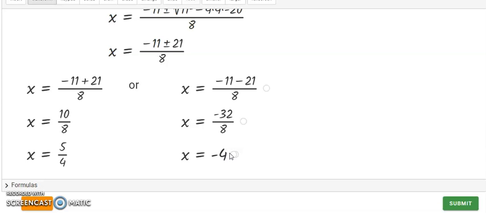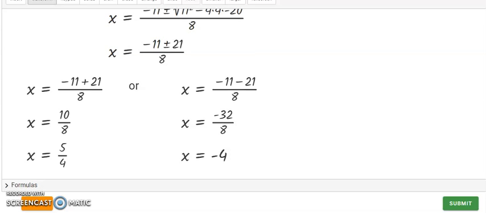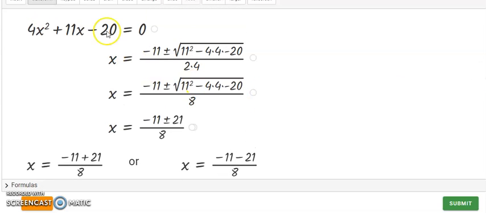The other conversation I've had with my other classes about the quadratic formula is that not only do I know where the graph is crossing the x-axis, if I go back to the original equation, this number again, the c value, tells me where it crosses the y-axis, which is 0, negative 20. And in the quadratic formula, this opposite b over 2a part right here actually is the h value of the vertex.